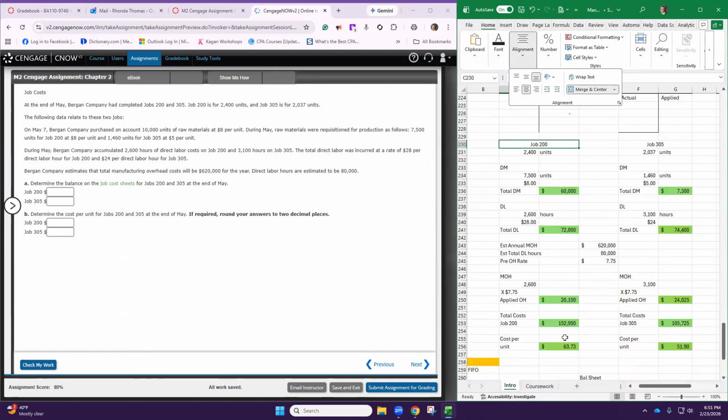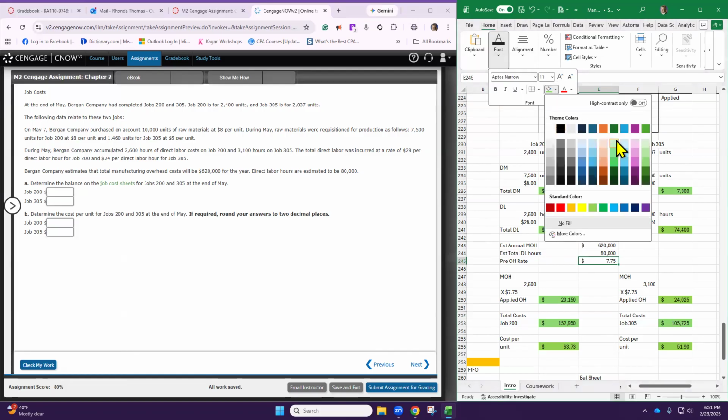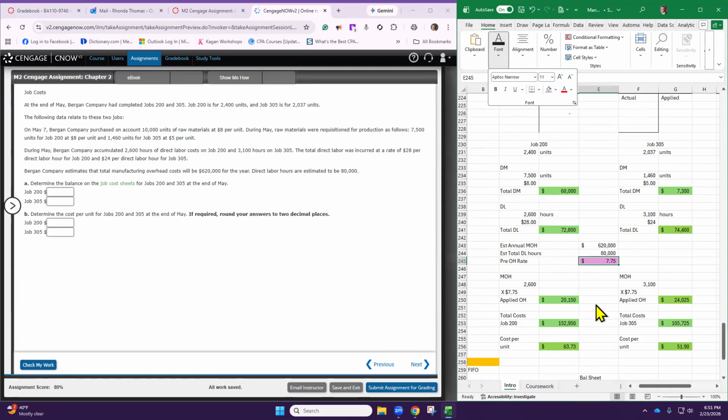All right, now we're going to work on some overhead. So they said direct manufacturing overhead costs are $620,000, and direct labor hours are estimated to be 80. So here's your predetermined overhead rate. Okay, 775.